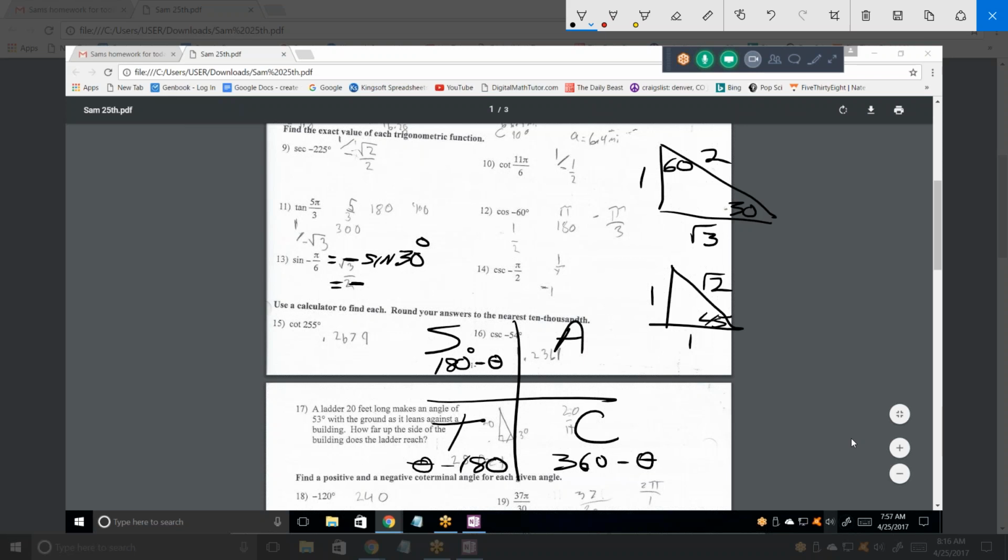Sine of 30 degrees is opposite over hypotenuse, it would be 1 over 2. There's your answer. I don't have to think about which quadrant it's in or anything, because the sine of 30 degrees is first quadrant. So I'm working with a first quadrant angle immediately. It's just that there's a negative sign in front of the sine.